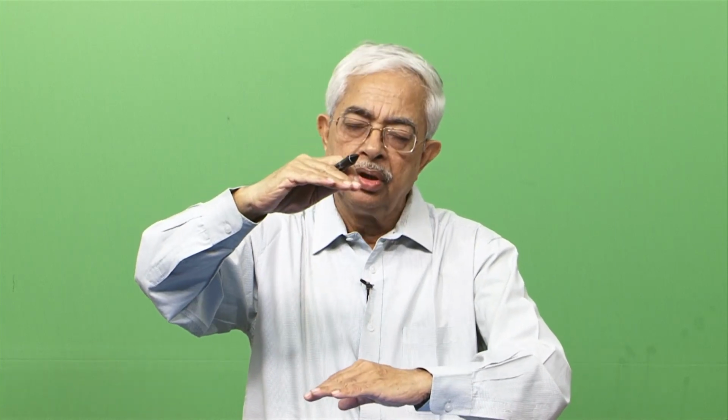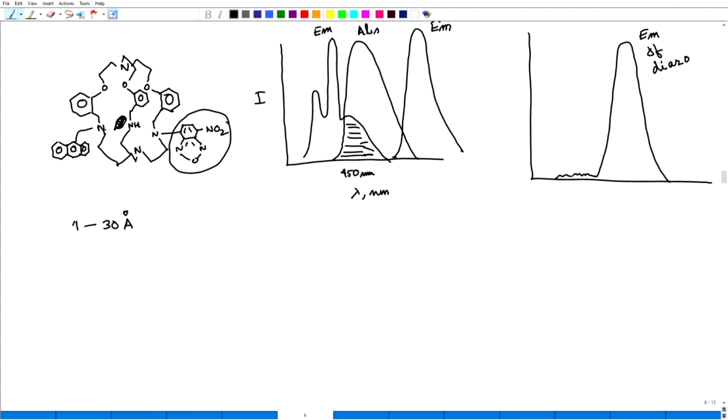When it comes down, it gives the emission spectra of the diazo. So, in this compound, if I was looking for anthracene emission, I will not see it at all. Anthracene emission will be like a background, but the diazo compound will show a strong emission peak.